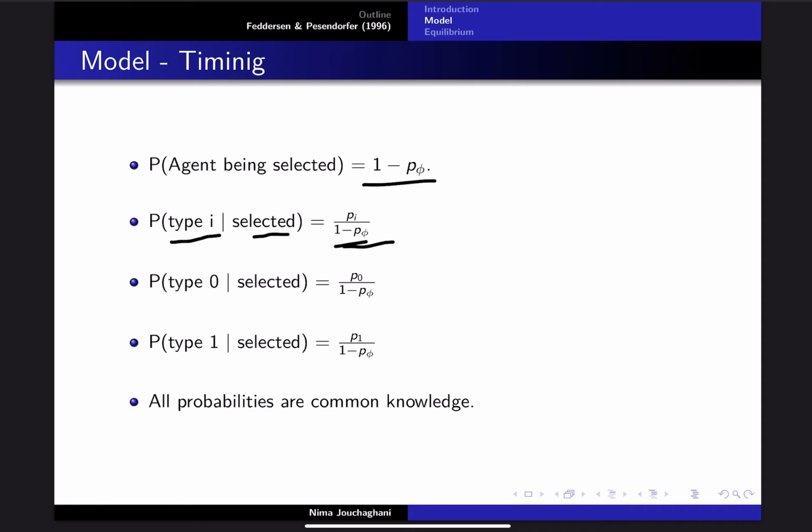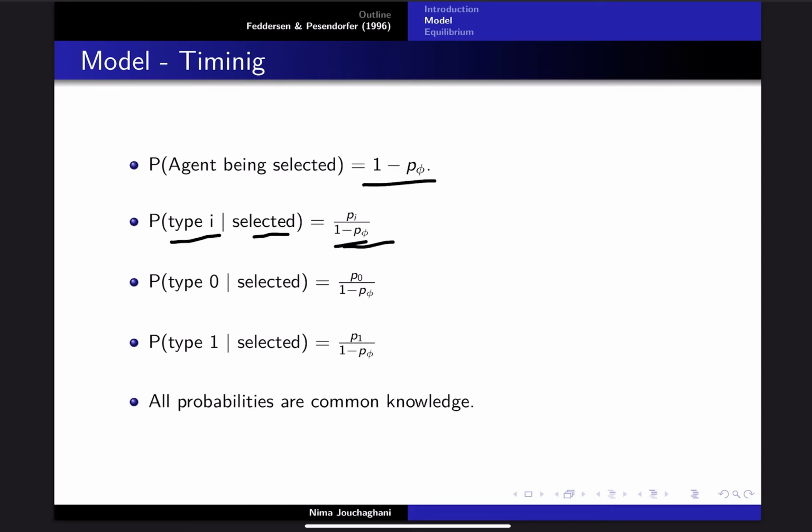The reason why the authors have chosen this way of modeling is that if you multiply the probability of being selected with the probability of being of type independent, conditional on being selected, then the denominator cancels out and we end up with pi.